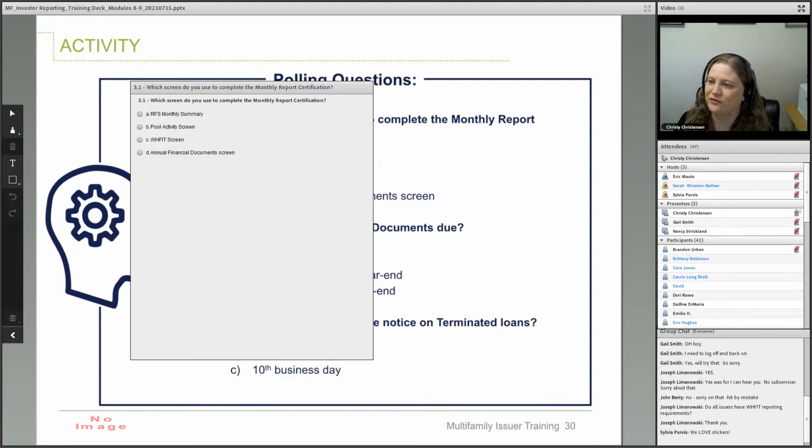Okay, I'll give it a few more seconds. And I will go ahead and end the poll. And it does look like most everyone got the correct answer. The RFS monthly summary screen is where you would go to report the monthly certification, and that would be a separate link in the bottom right-hand corner of that summary screen. Sarah, could you post the next question, please?